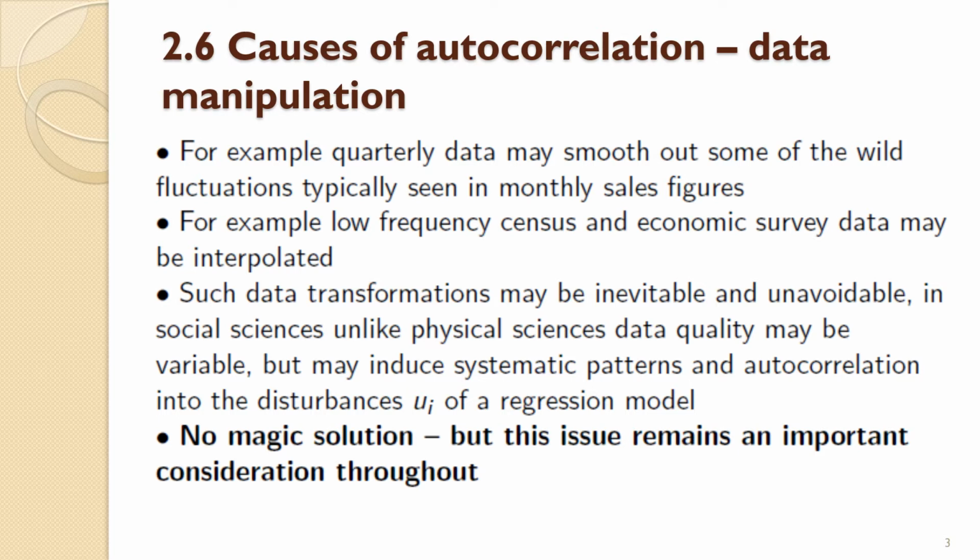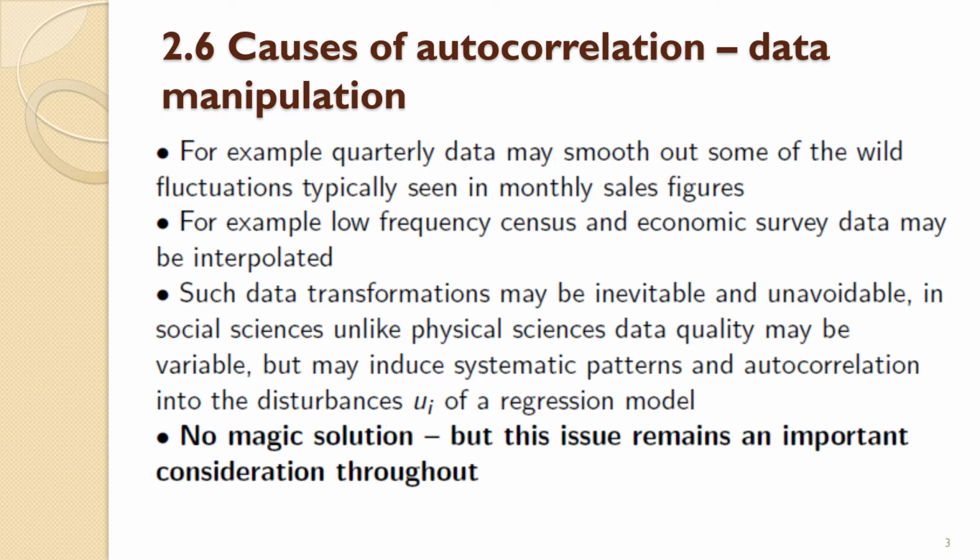Now, this is in some sense just an unavoidable consequence of data being imperfect. You might have marked constraints in terms of what's available in social science applications. So there's nothing you can perhaps do about these sorts of quality issues, but they may induce systematic patterns, and as part of that, autocorrelations into the disturbances of a regression model.